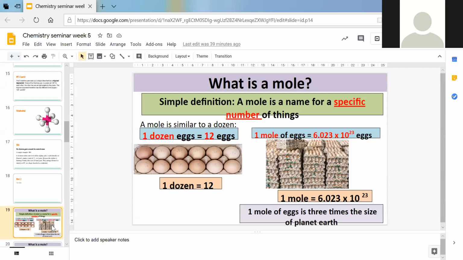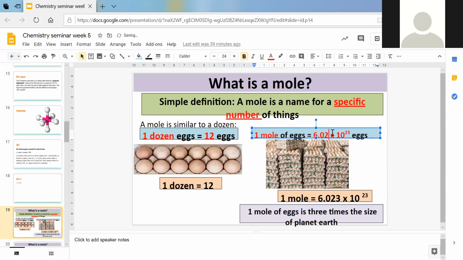So a mole is a name for a specific number of things. A dozen eggs is 12 eggs. A mole of eggs is 6.022 times 10 to the power of 23 eggs.